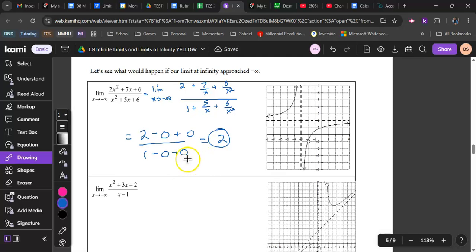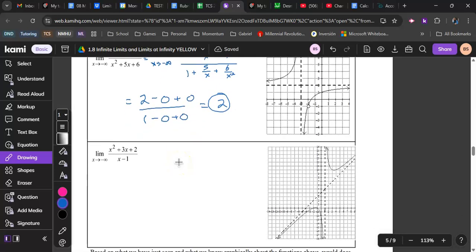Nope. Not always. Because now let's look at the next one. As x is approaching negative infinity here, remember I'm dividing everything by x. So I'm going to say x plus 3 plus 2 over x, over 1 minus 1 over x. All I did is divide everything by the degree on the denominator and then simplify it so I don't have to write out 2 steps.